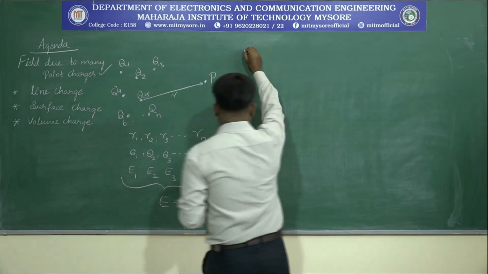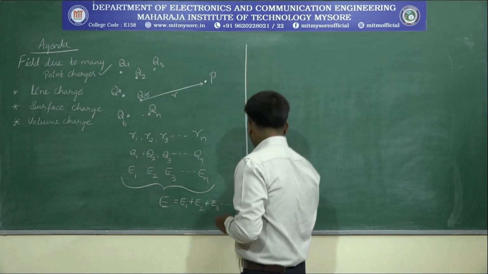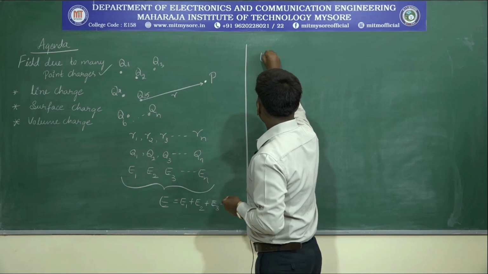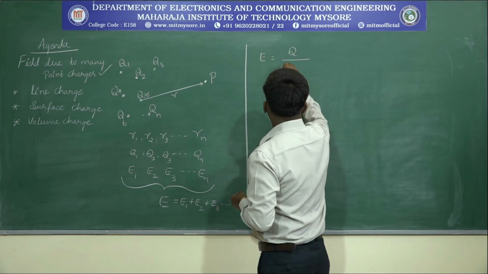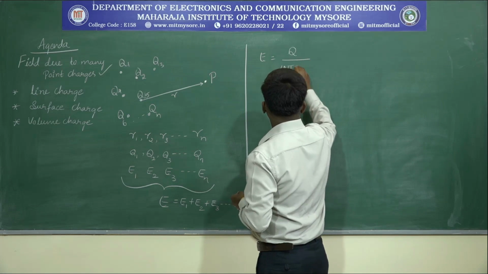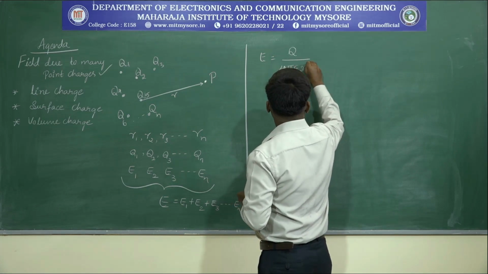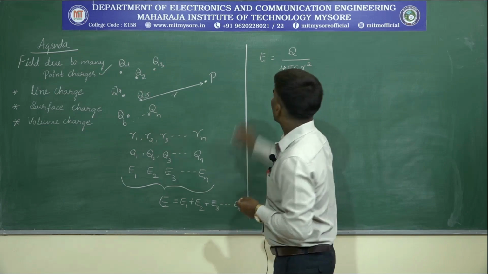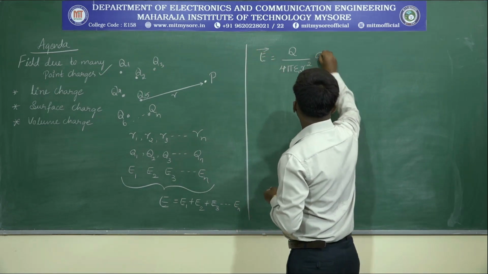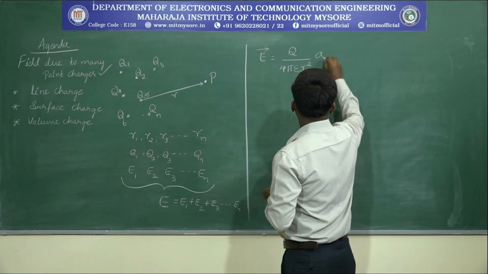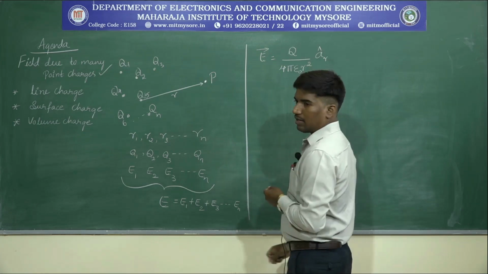Now coming to the mathematical equation, we know that E is equal to Q divided by 4 pi epsilon naught into R square. If we represent it in vector form, we get the unit vector a R cap.